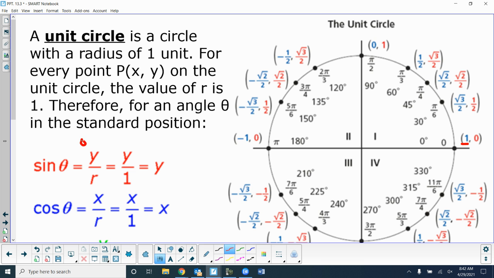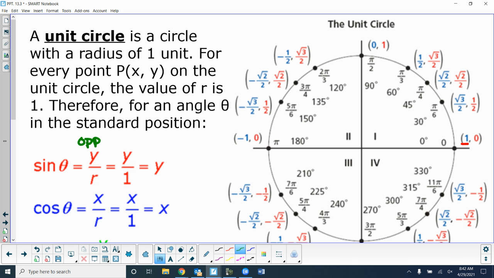Sine is opposite. Let's do a different color here. That's where we got red and blue. Remember? Sine is opposite, which is always, remember, where's our theta always going to be? Down here by the origin, right? So opposite's always up and down, which is always the what? The y. Okay?